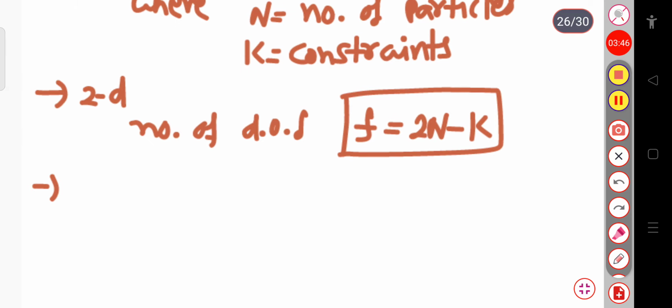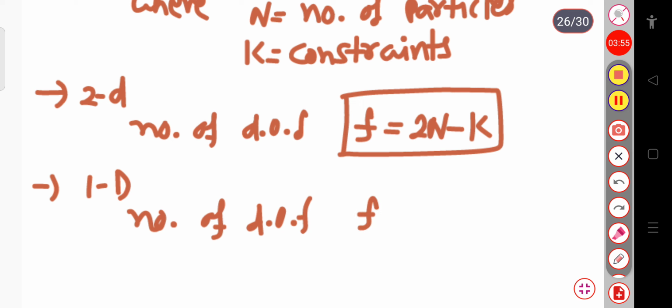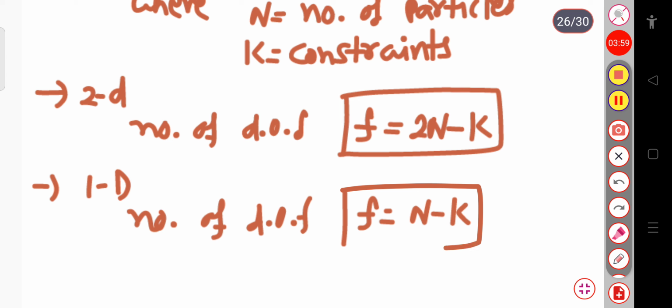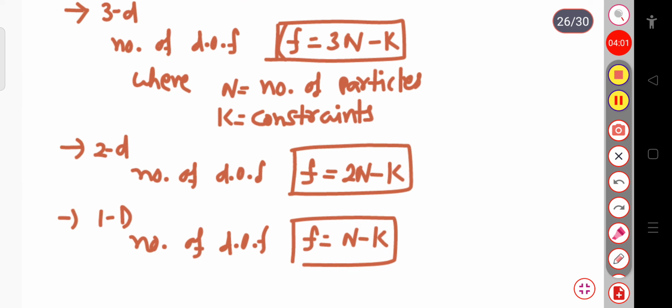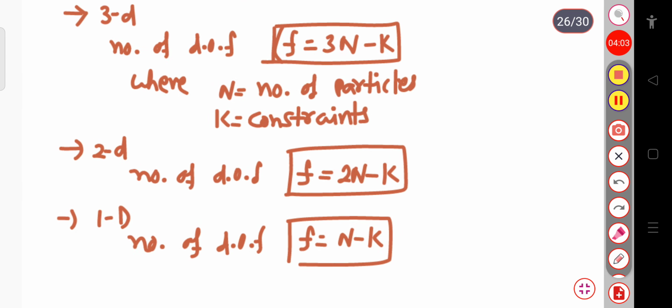Similarly, you can write for the one-dimensional system: F equal to n minus k. So in three dimensions, degrees of freedom is 3n minus k, for two dimensions 2n minus k, and for one dimension F equal to 1 into n minus k, or simply n minus k.